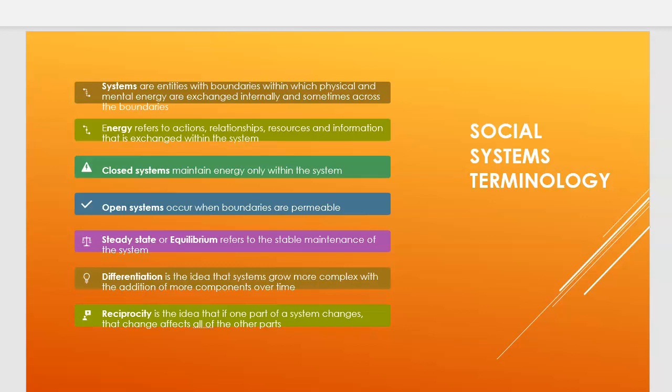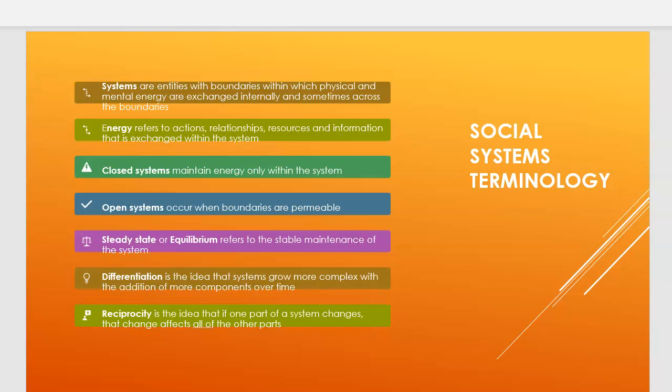So what is happening within our families? We're communicating, we're exchanging information, we're exchanging emotions. All of that is going on, as well as exchanging resources, food, shelter, clothing, etc. All of that comprises the physical and mental energy that is part of the definition of systems.